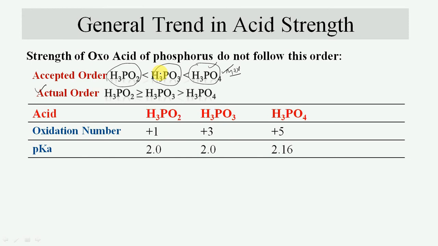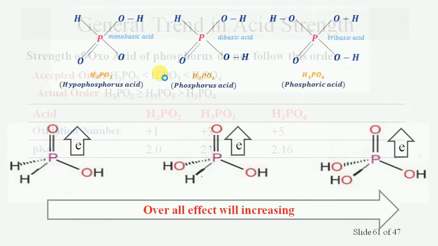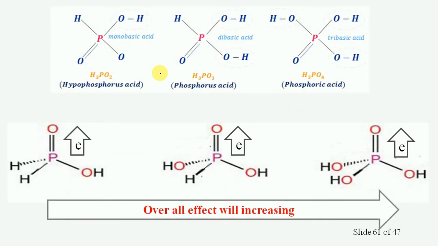So in these three cases, the dissociation of a proton is possible only from the hydrogen atom attached to oxygen rather than the hydrogen directly attached to the phosphorus. If we look at this case, only one hydrogen is attached to the oxygen and two hydrogens are directly attached to the phosphorus.